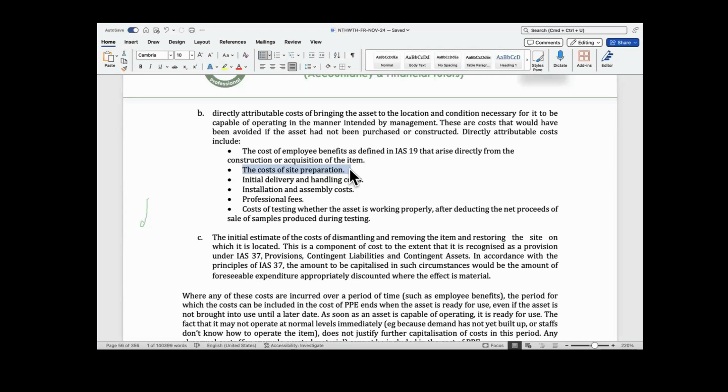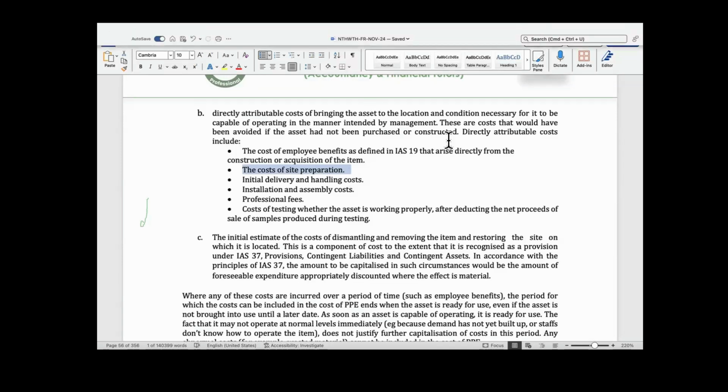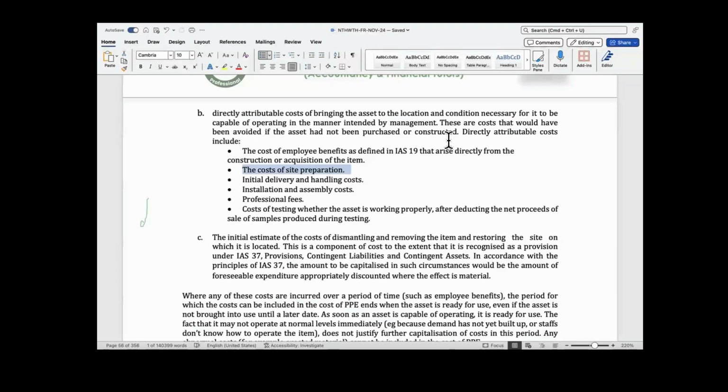Then that's cost of site preparation. That's a more obvious example. That cost of site preparation, you are going to add it as part of your cost. Maybe you need to get some mallam. Maybe there is a lot of weeds on the land and you now have to cut them down. That cost should be capitalized.